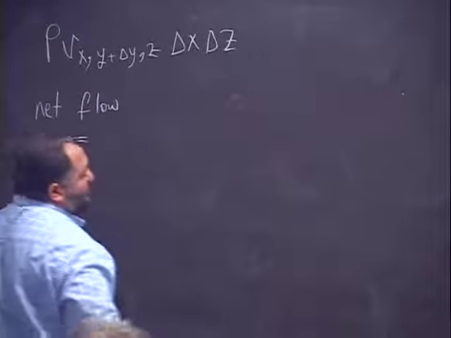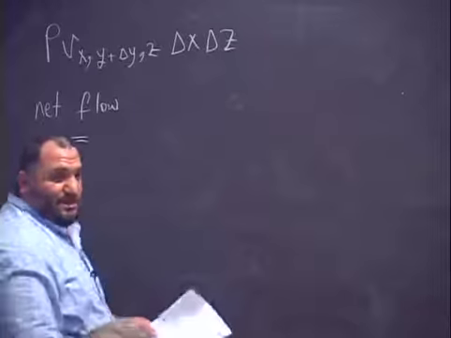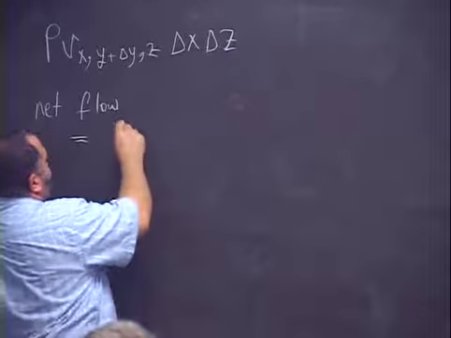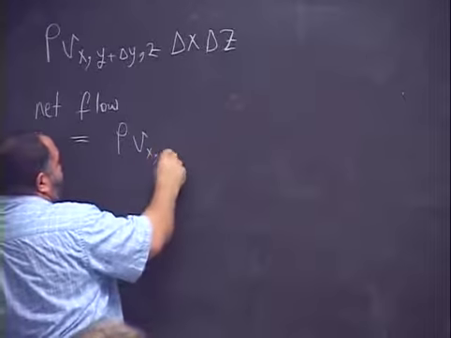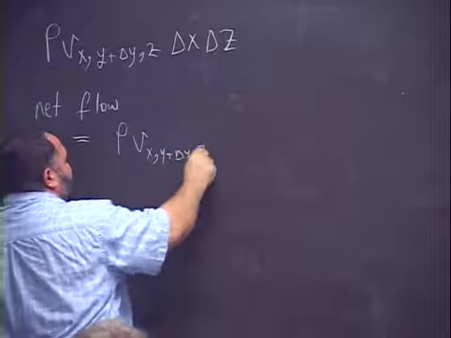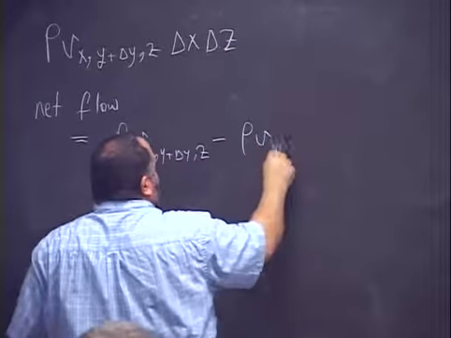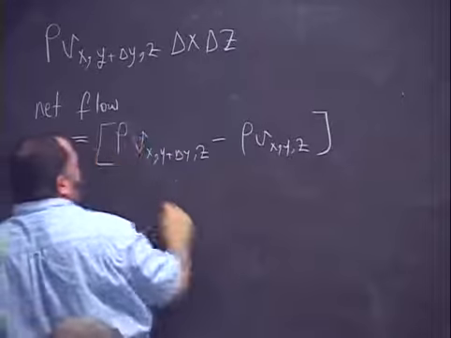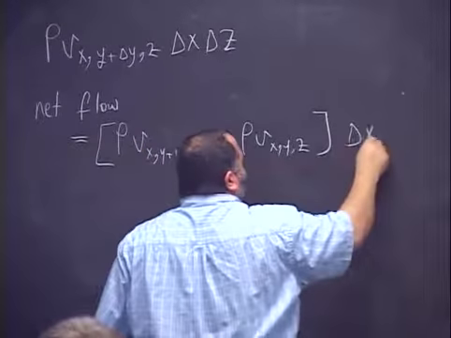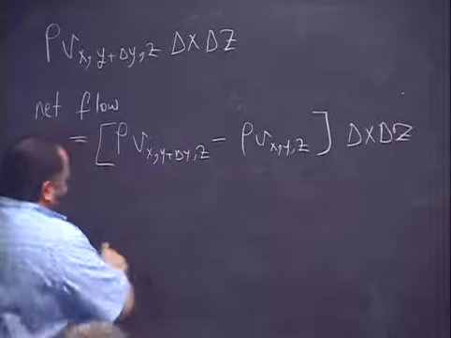So what's the net flow? Will be just the difference between the outflow and the inflow. Yes, guys? So this will give me rho multiplied by v at x, y plus delta y and z, minus rho v at x, y, and z, multiplied by dx dz, which is equal to what?